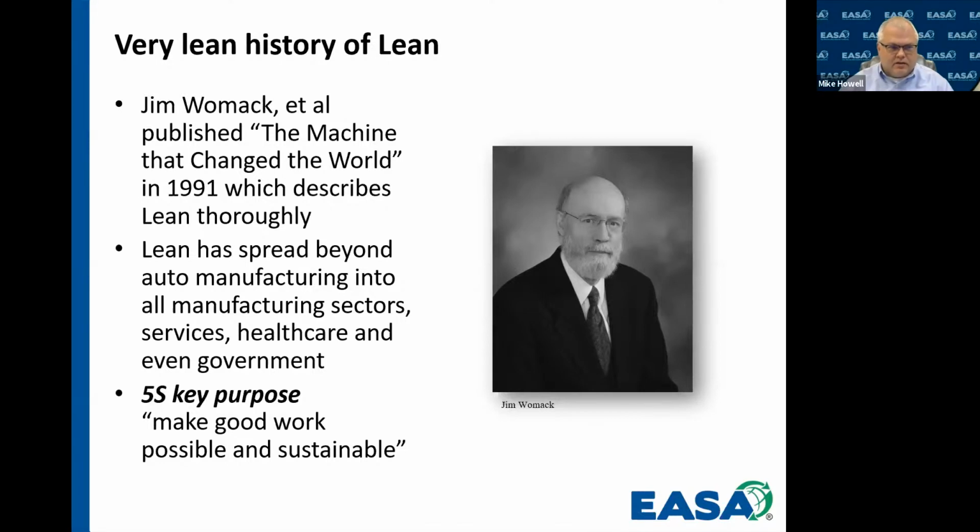It describes lean thoroughly, goes through most of the processes, again, back through the TPS and the founding of that. As I mentioned before, now lean has spread into all sorts of sectors. The tool we're going to look at today, 5S, is just one tool that's used by organizations that operate under what we would consider lean principles.